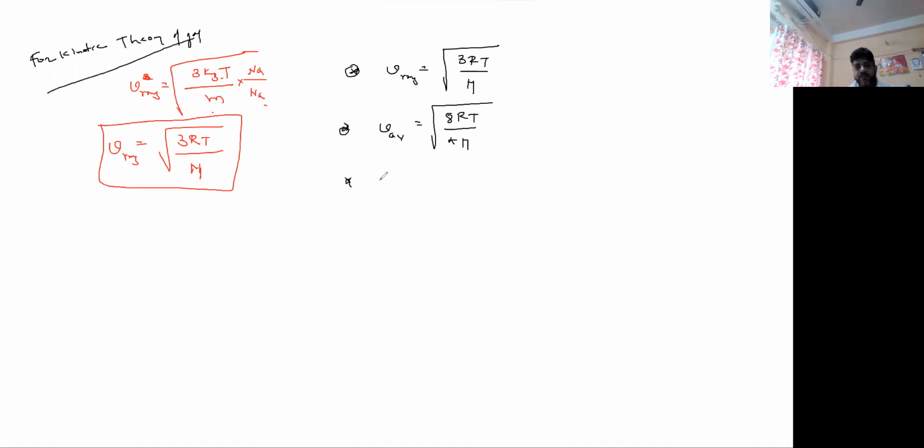And most probable formula है root under 2RT by molecular weight, most probable.